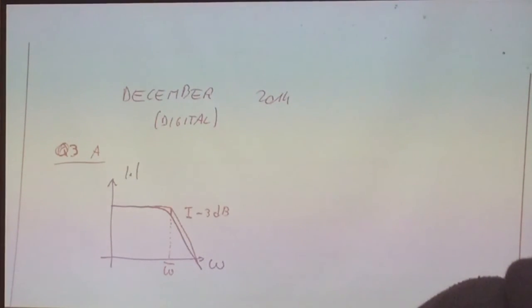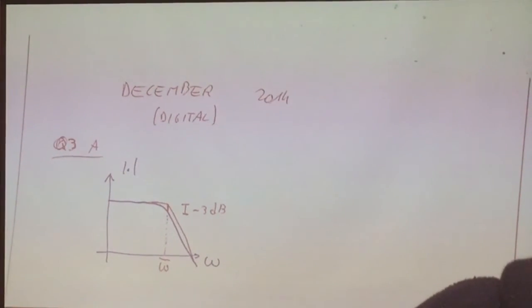I don't say it here in the question, but the easiest filter that you can pick is a first order low pass filter, right?